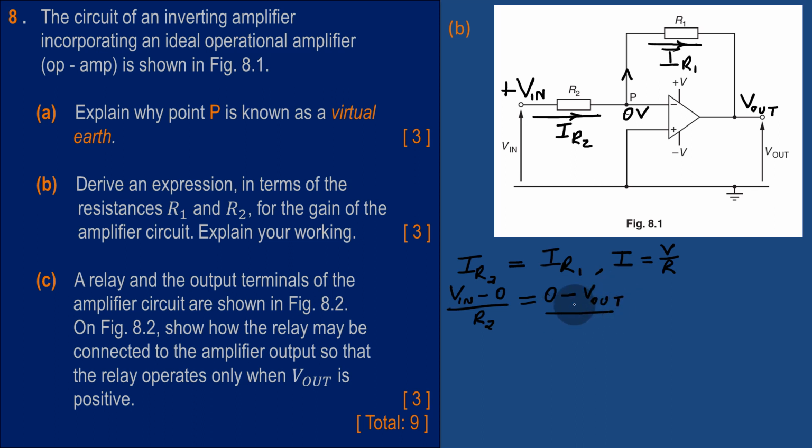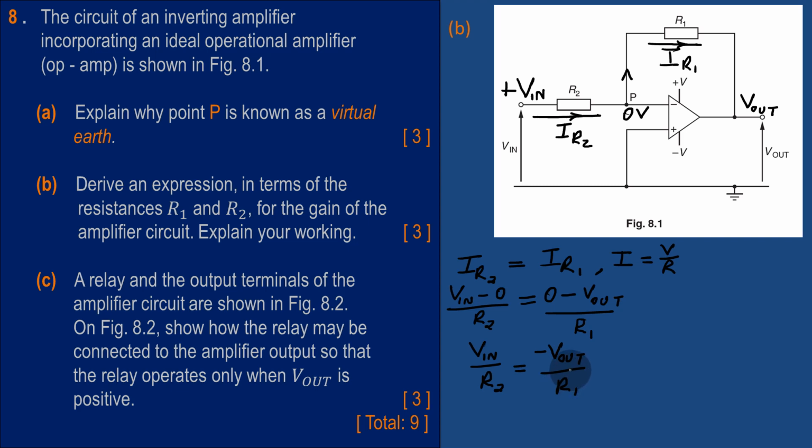Of course, because we are calculating that current through R1, we divide by R1. Now this implies that V in minus 0 is just V in divided by R2. 0 minus V out is minus V out over R1.